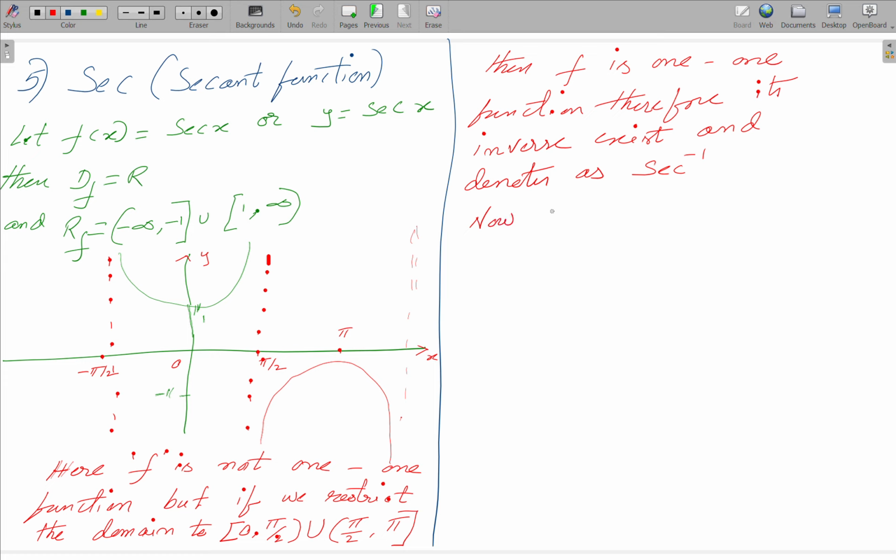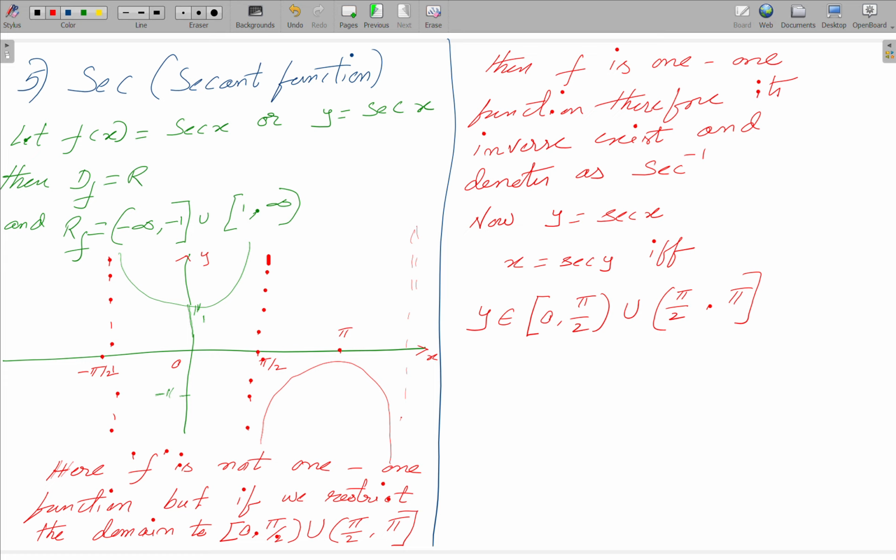Now y is equal to sec x, x is equal to sec y if y is an element of the closed interval 0 to open pi by 2, union open pi by 2 to closed pi.